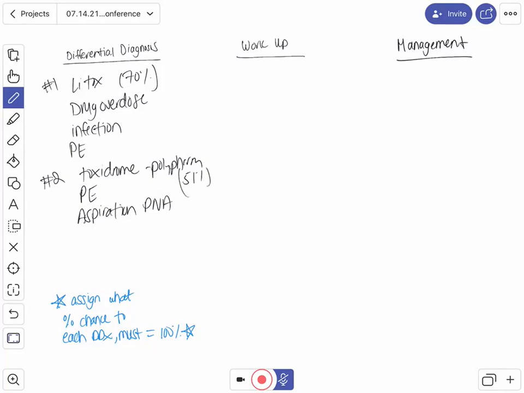Great. Table three, what did you guys come up with? Similar things. I think a couple other things that aren't on there. I guess this is maybe the toxidrome, but just the number of active medications that she's on as well. We discussed whether she could be in status. Yes. Great.